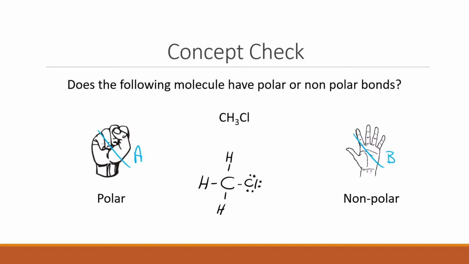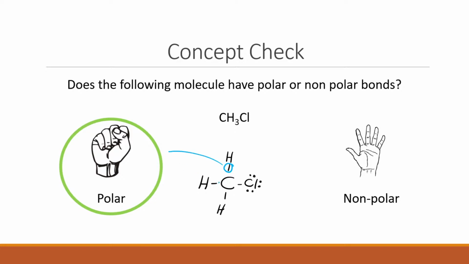Here, these are still polar bonds. We have C connected to H, which is a polar bond. We've got that 3 times. And we also have C connected to Cl, and C is not Cl. All right, so that is a polar bond as well. All four of these are polar bonds.